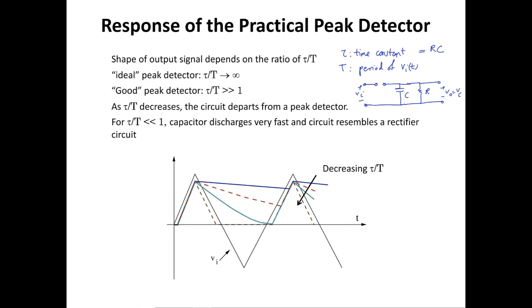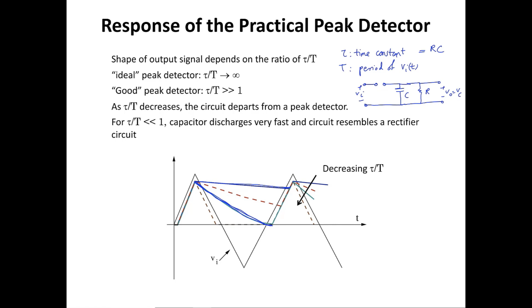So the output almost maintains its shape. So when RC is much greater than the period of the input signal, the output is going to be almost equal to the peak value of Vi. But for example, for this one, the capacitor is going to discharge for values of Vi less than its peak value. So it totally discharges and V out is not equal to the peak value of Vi anymore.